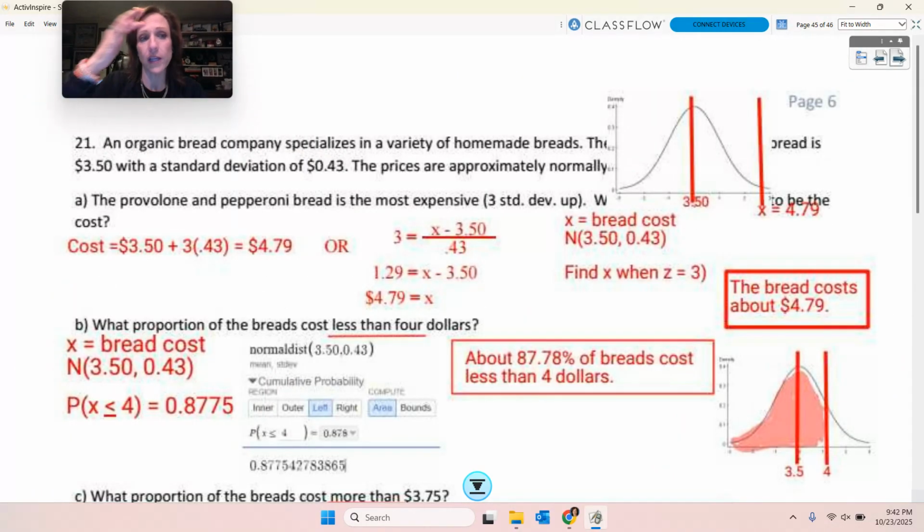All right, moving on. This problem said 3 standard deviations up, what's the most expensive? You can put that into DESMOS, or you can just add 3 standard deviations.